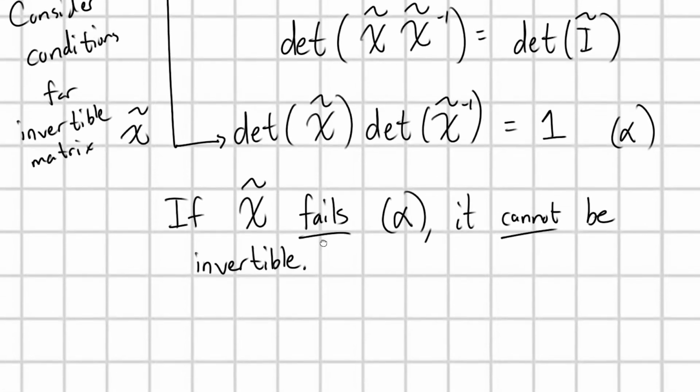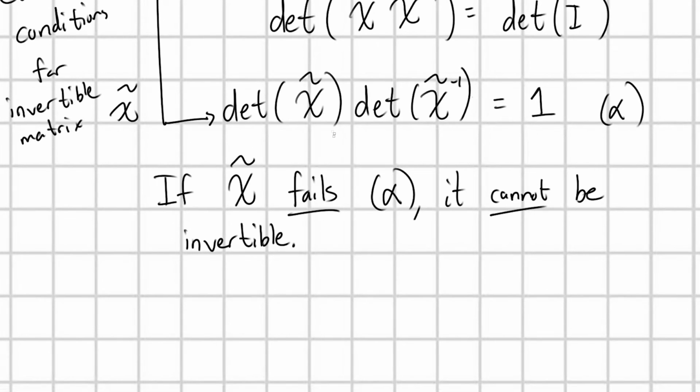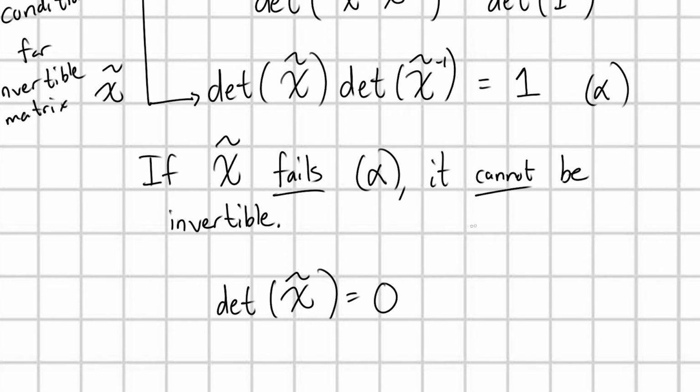Well, let me ask you real quick. When does chi fail this condition alpha? Well, it's very simple. If the determinant of chi is equal to 0, then obviously 0 times anything is still 0, and we get 0 is equal to 1, which we know is not true.